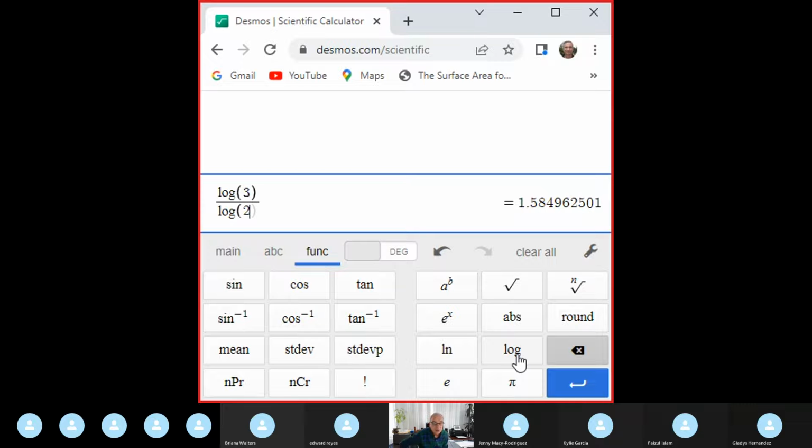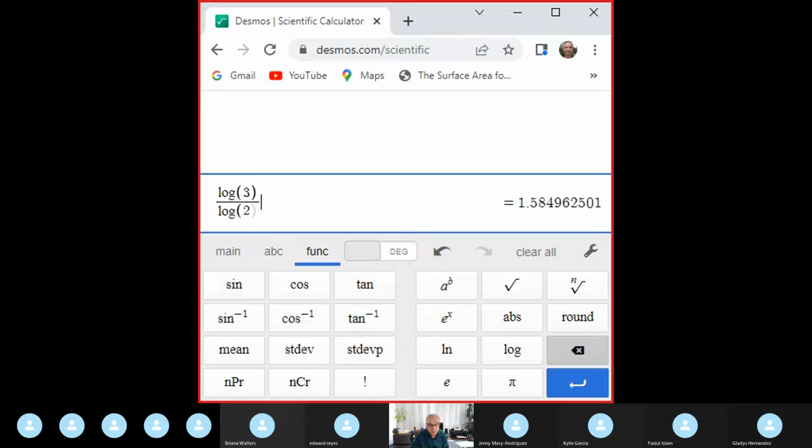And this is the answer, 1.5849. And suppose I want to write the answer using 4 decimal places. It's 1.5849, depending on whether you truncate or you round off. In this scenario, the next digit after the 9 is 6, which is more than 5, so it's 1.5850.